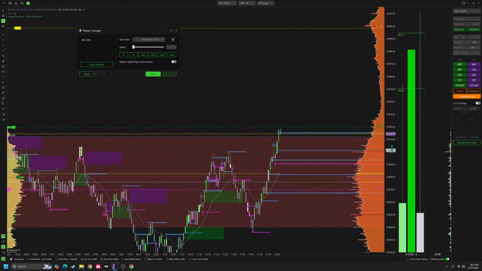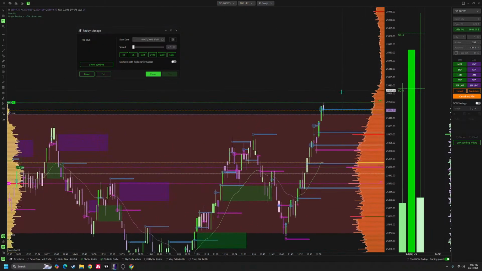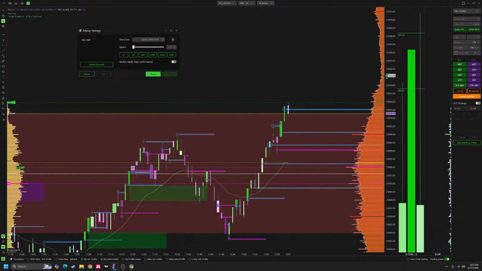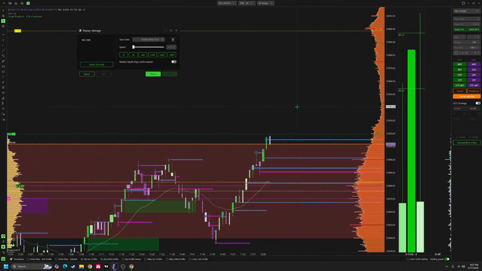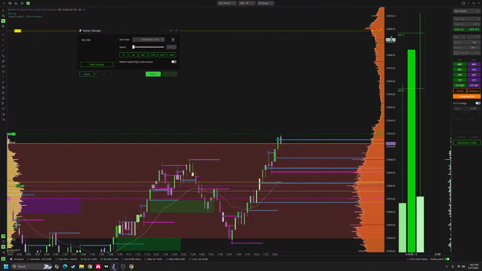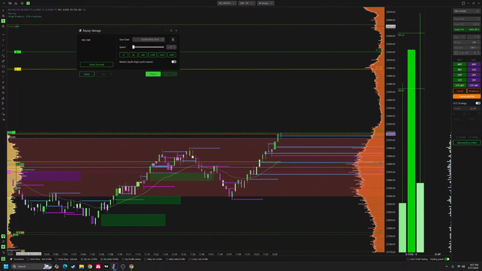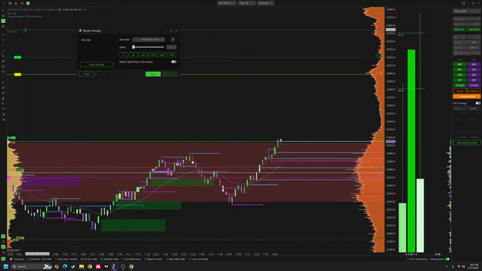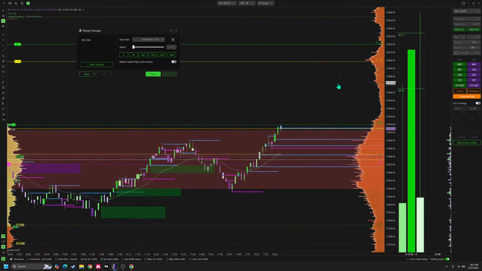The bias for the algorithm is up. So we're going to look to go up. And there's a protection zone up here where we could safely say it could go to. We also have a couple important levels here: previous day high, previous day open.